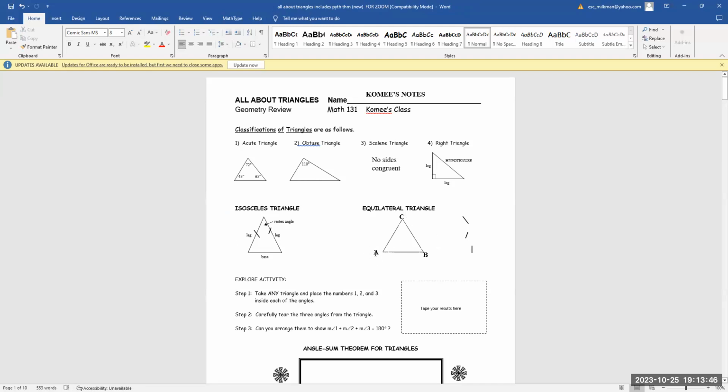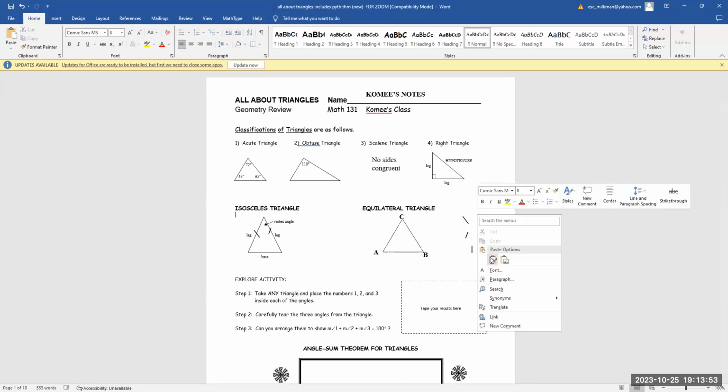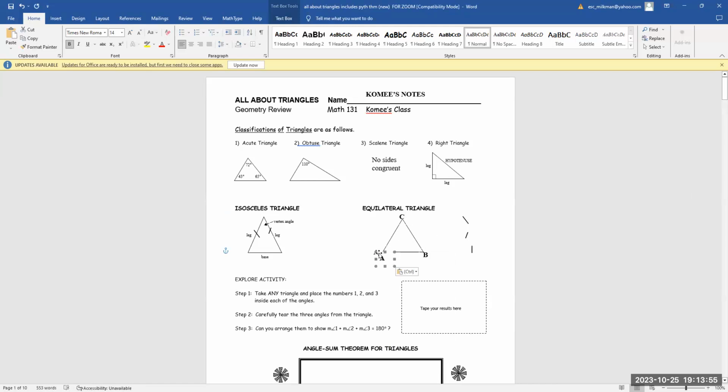If this is angle capital A, the side opposite that angle, which is this one right here, is going to be called side little a.